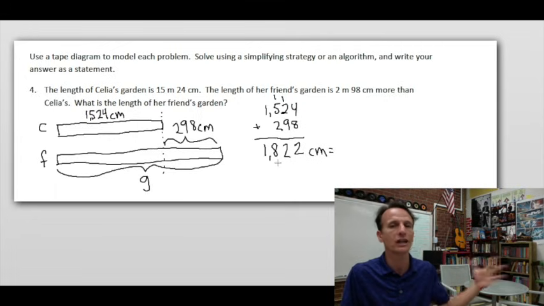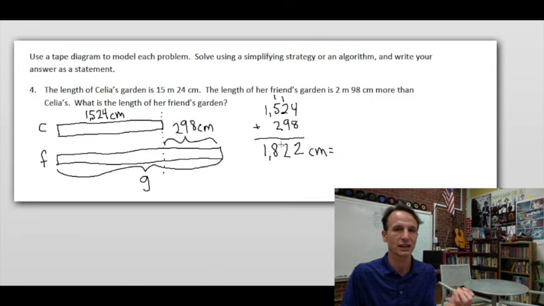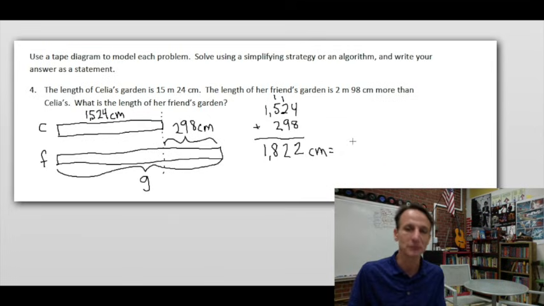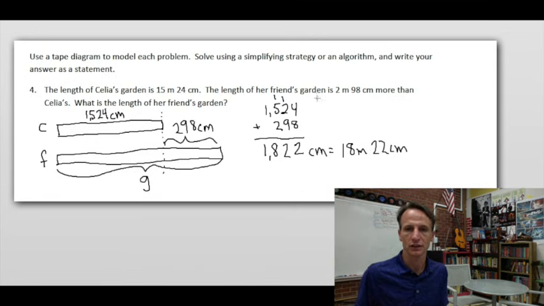It said how many hundreds altogether are there? There are 18 hundreds. So 18 hundreds is, yes, 18 meters. Very good. 18 meters, 22 centimeters.